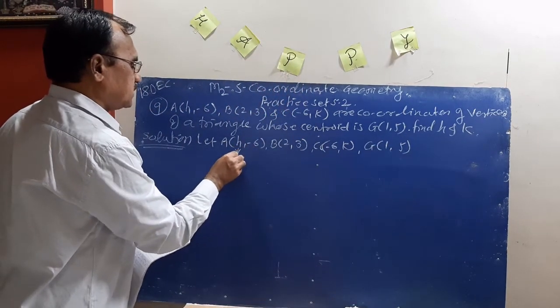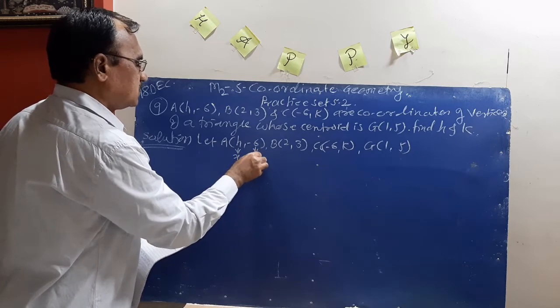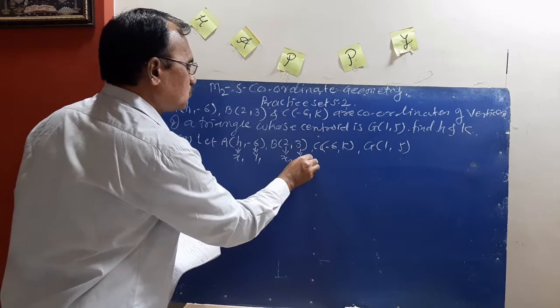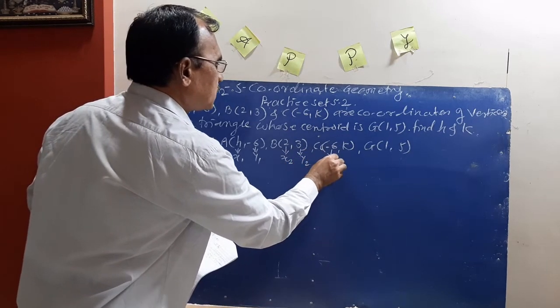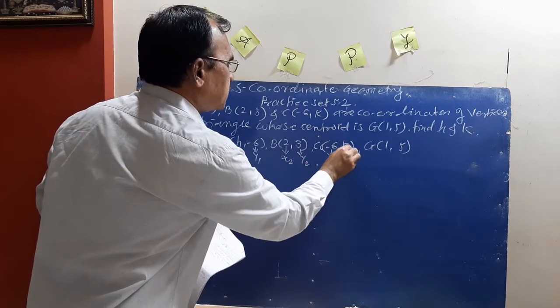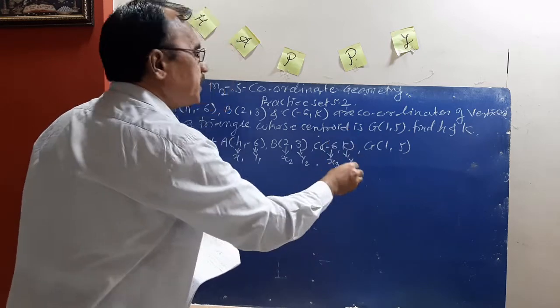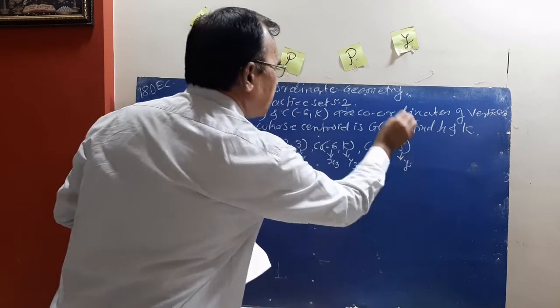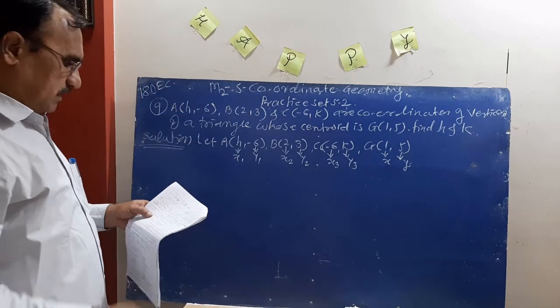We know this is x1, this is y1, this is x2, y2, x3, y3, and the centroid x and y are already given.